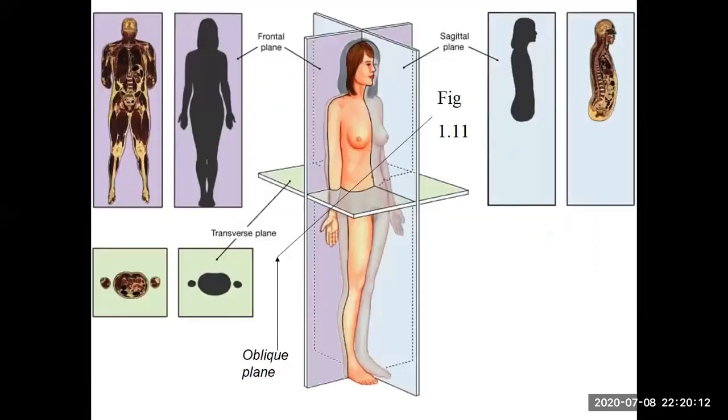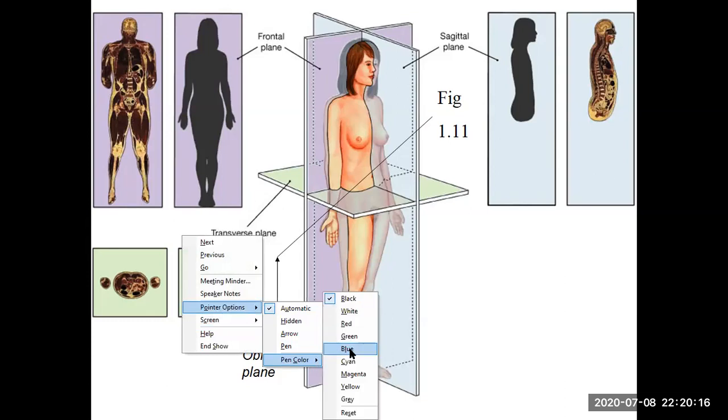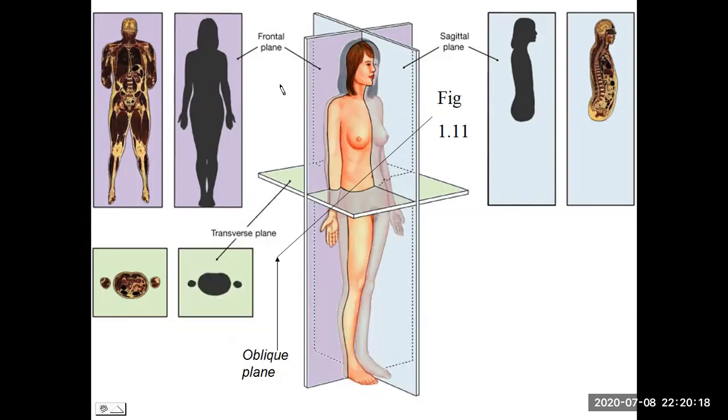And we have a figure to help with this section. So we notice here we're seeing a sagittal plane. It's running, first of all, the length of the specimen, in this case vertical, the length of the body.